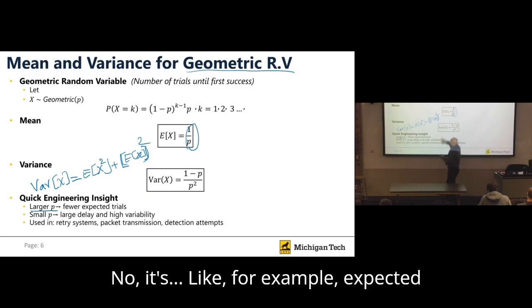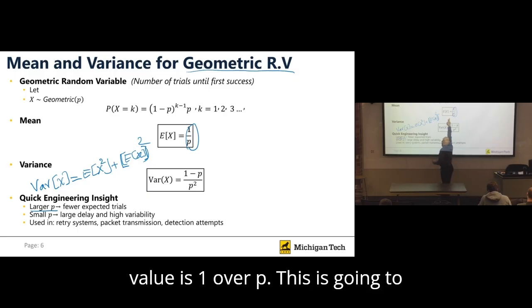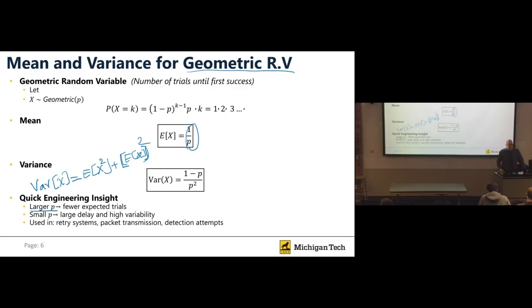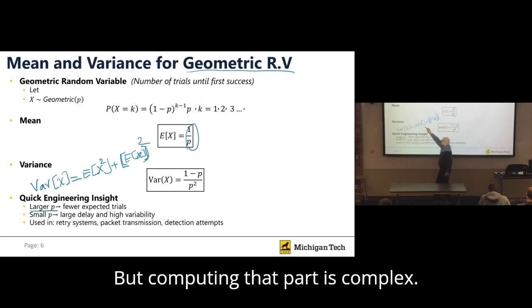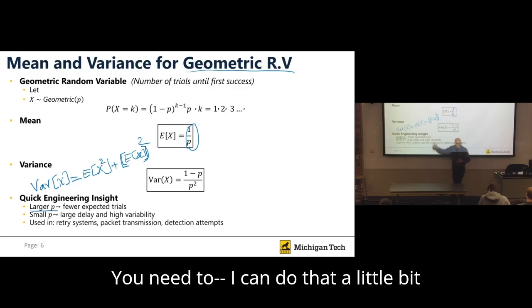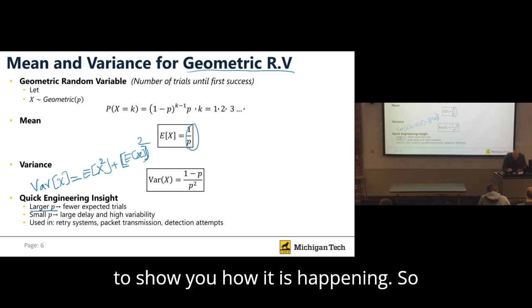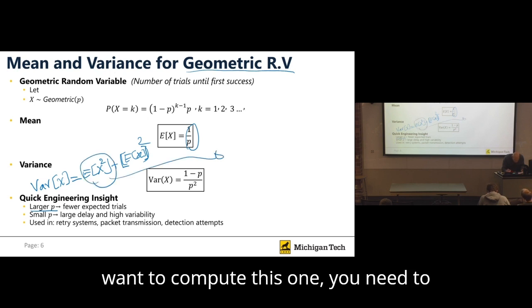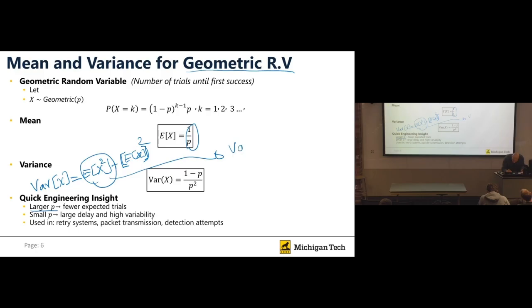No, for example, expected value is 1 over p. This is going to be 1 over p squared. Yeah? But computing that part is complex. I can do that a little bit to show you how this is happening. For that part, if you want to compute this one, you need to find this one.